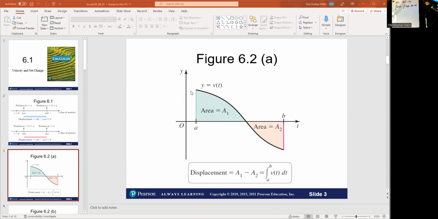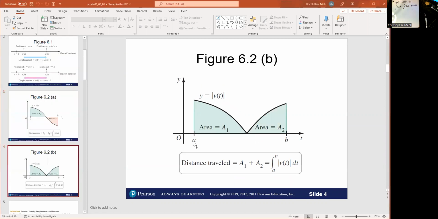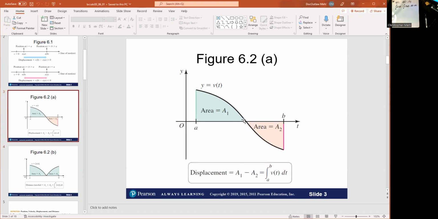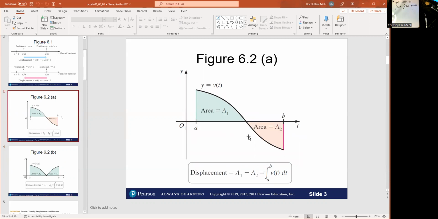So in a case like this, the displacement would be A1 minus A2. If part of the area is negative, again, it's the net area of both pieces.